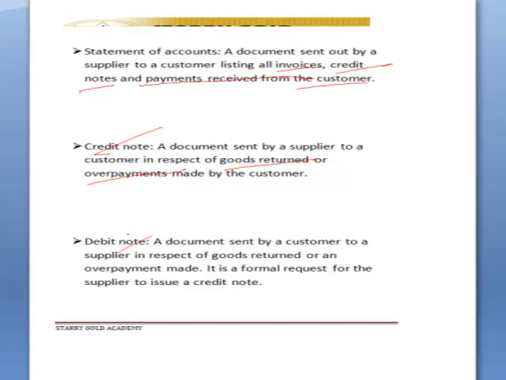Sent by a customer to a supplier. So that is a debit note. It is a formal request for the supplier to issue a credit note in that respect.